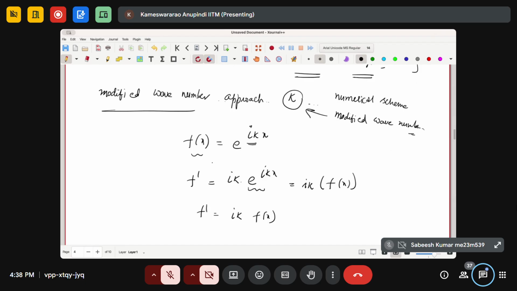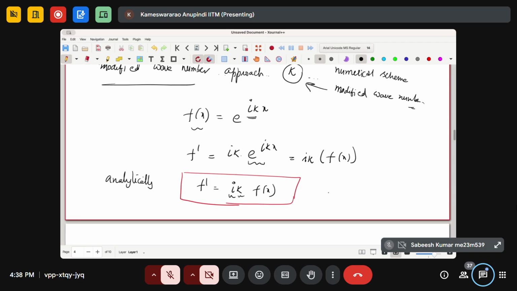That means that analytically, to calculate the derivative of this function, you simply multiply the function by i times k. But what is k here? K is the wave number.